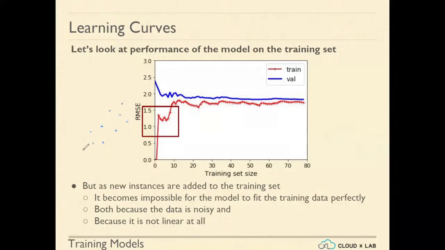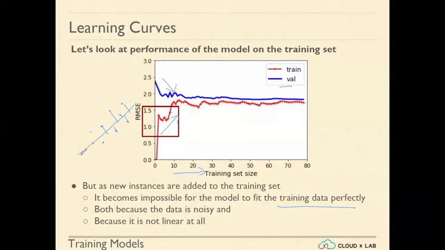Even with this linear model, there will be some error. So as you can see, if we increase the number of data points, the training error is increasing, but at the same time the validation error is decreasing.